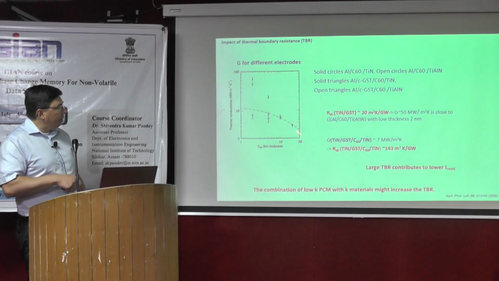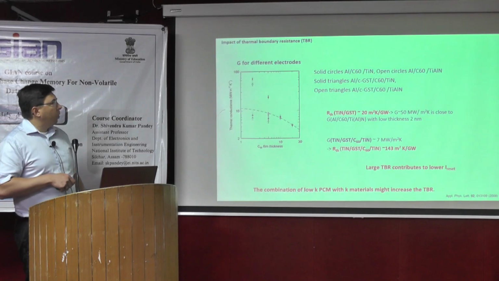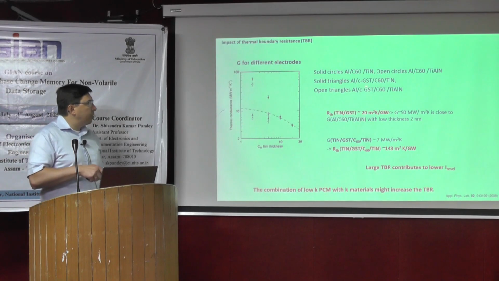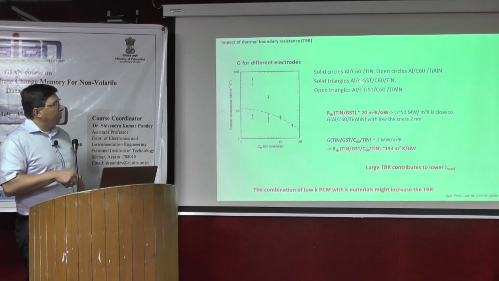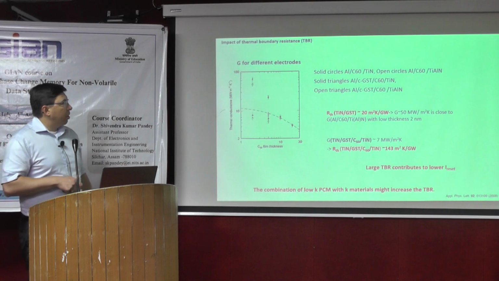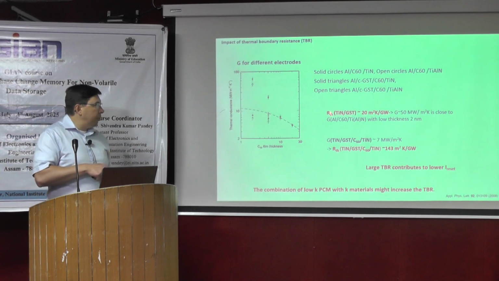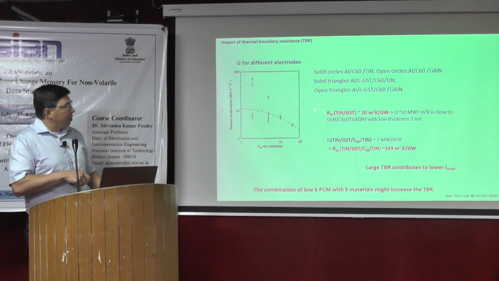It decreases here, and for our system, for example with GST and C60, the triangles here are increasing.